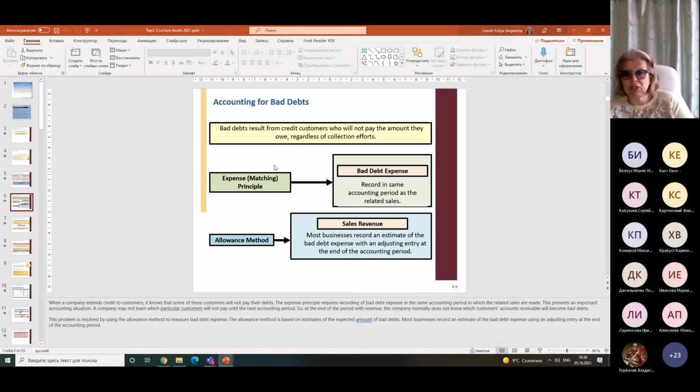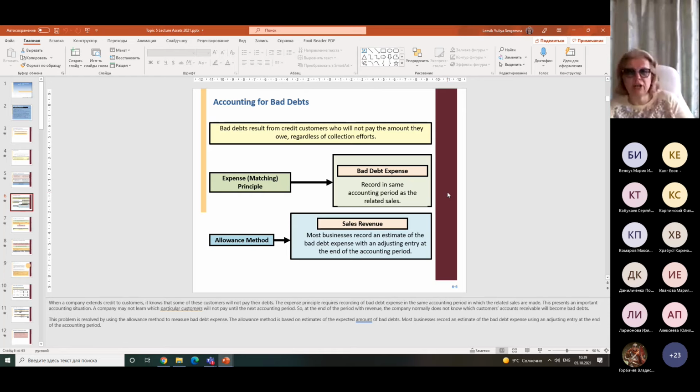So, bad debt results from credit customers who will not pay the amount. So, it's a situation that we predict in the business that some of the customers will not be able to pay. And in order to match revenues and expenses in the moment of sale, we should recognize this possible bad debt expense as a reflection of the past experience.